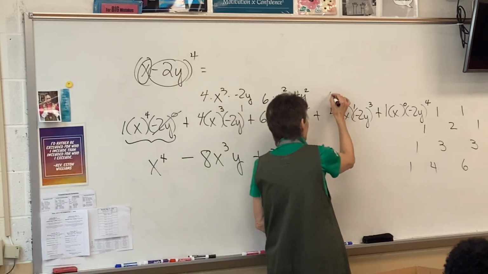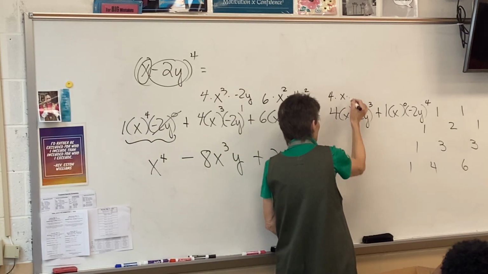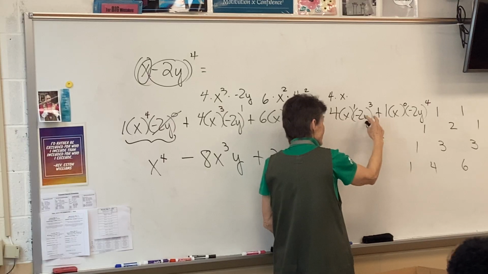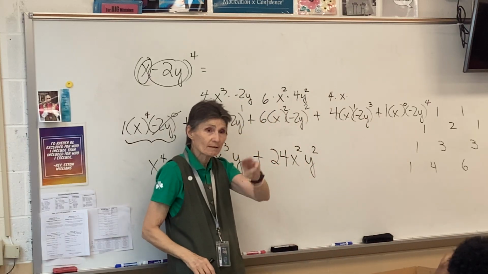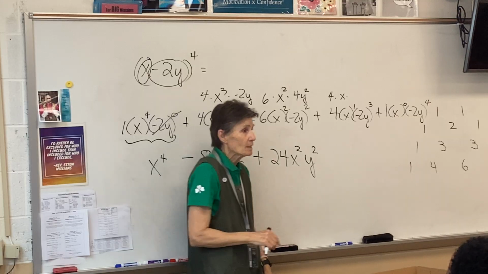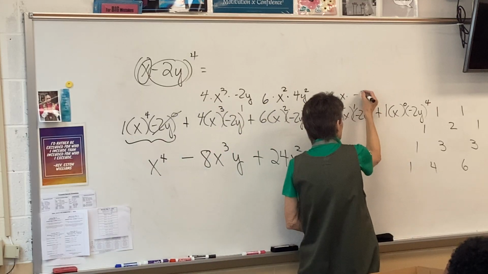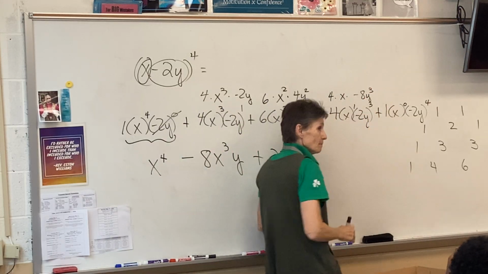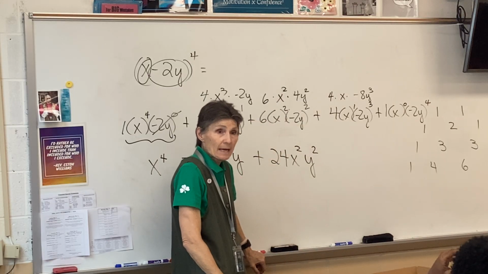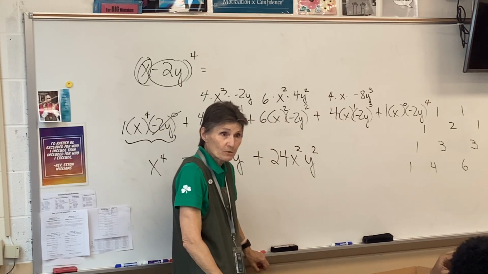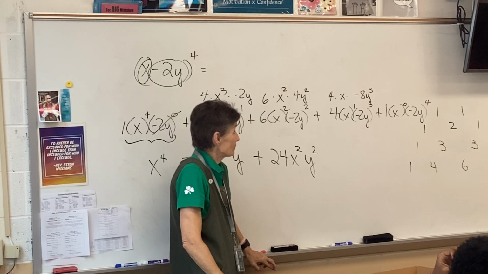All right, I've got 4 times x. Watch it. What's this? Negative 2y times negative 2y times negative 2y is negative 8 y cubed. Negative 2 times negative 2 times negative 2 is negative 8.